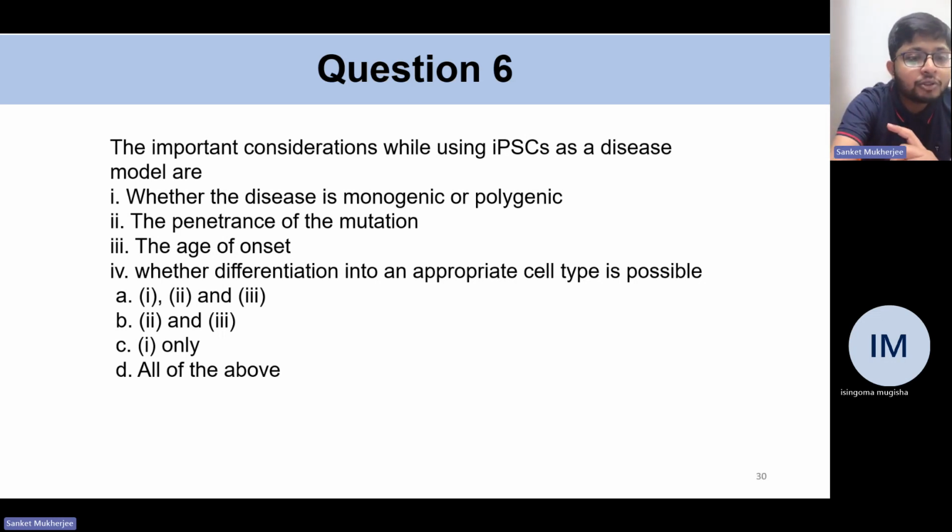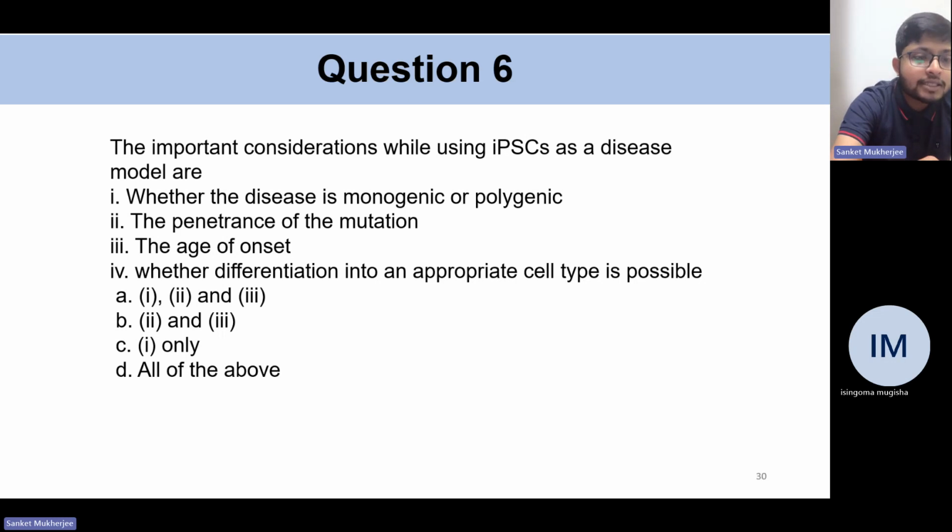The penetrance of the mutation, why is that important? Let's see it this way: you have a disease where some of the cells have a mutated gene, but not all cells have the mutated gene. That is what is meant by the penetrance of the mutation.